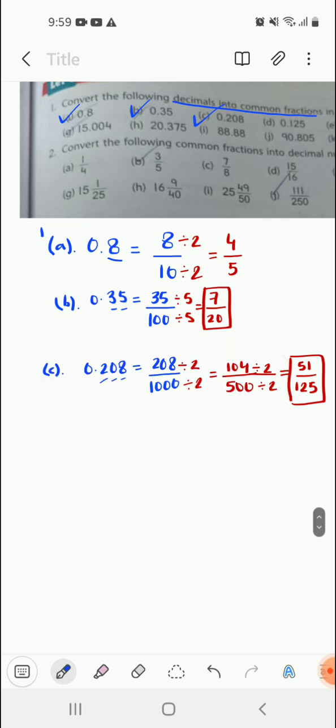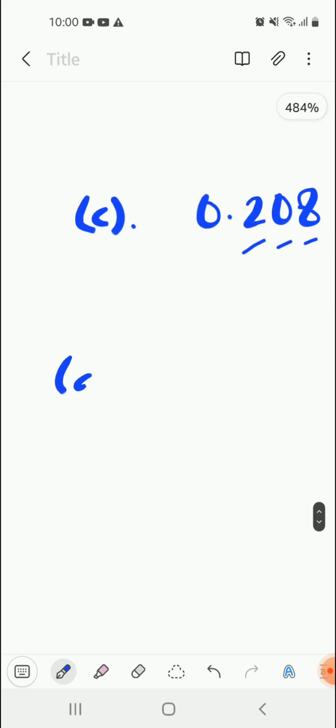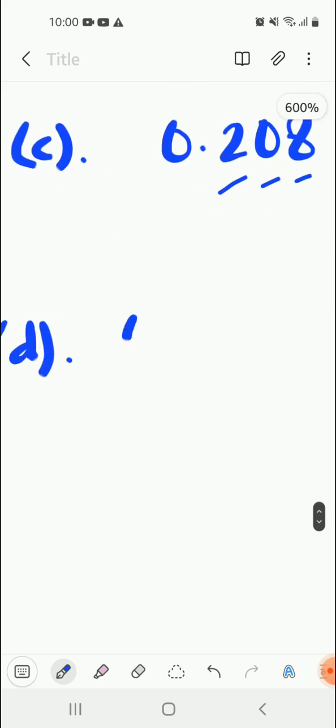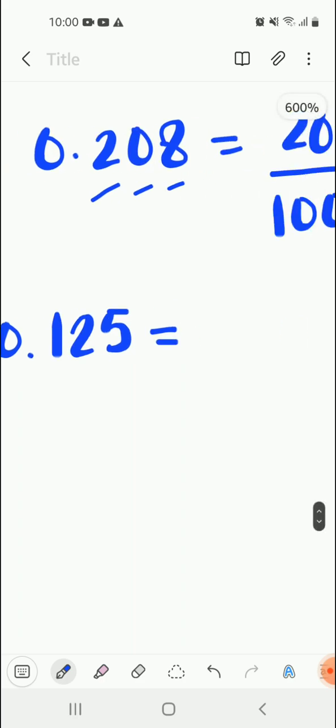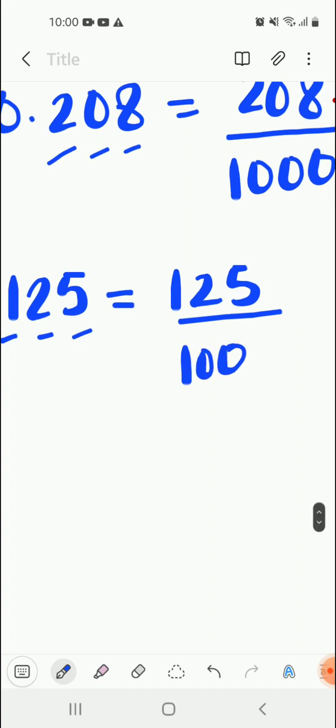Moving on, number D, 0.125. So we will write 125. There are 3 decimal places, 1 2 3. So there will be 3 zeros. We can reduce the numbers. You can see both are divisible by 5.